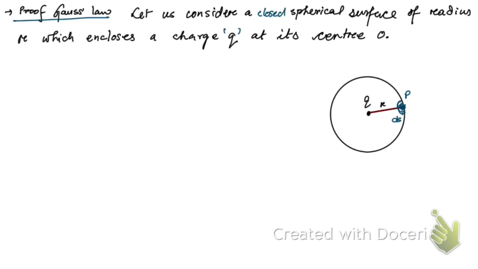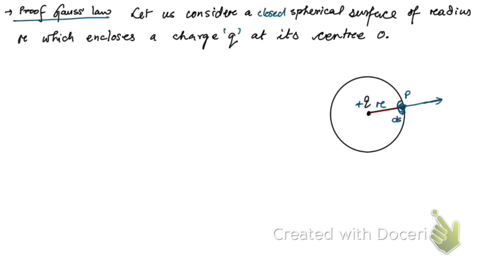This is the radius r. Let me consider this is a positive charge. Then at this point P, the direction of the electric field is radially outward, and this must be normal to the surface element ds, because the radius is always perpendicular to the surface at that point.